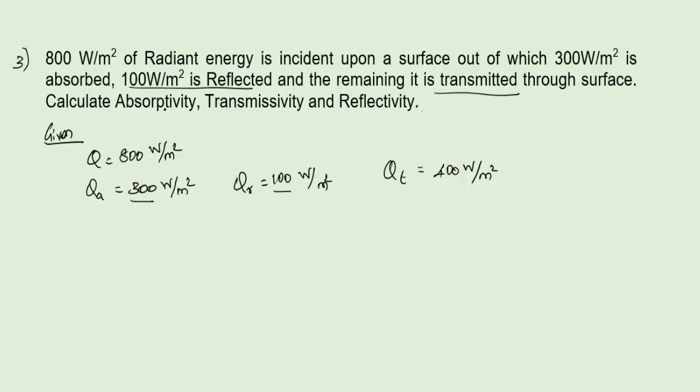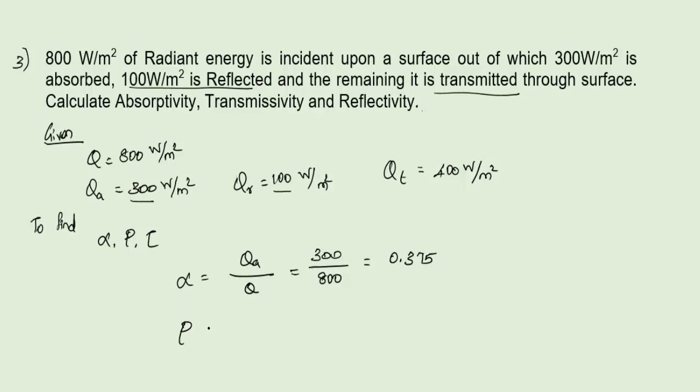Calculate the absorptivity, transmissivity and reflectivity. So alpha, rho, tau, these three values have to be found. Absorptivity alpha equal to QA divided by Q, which is 300 divided by 800, which is 0.375.